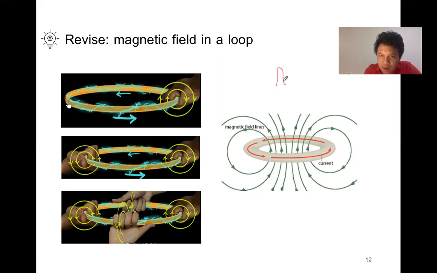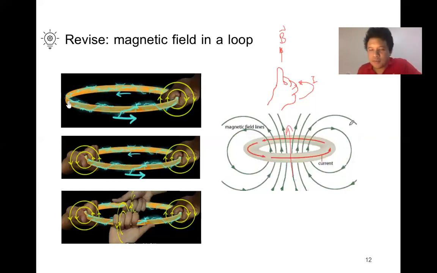You have the right hand like this cartoon, and we have the current in this direction. Your thumb will represent the direction of the magnetic field that is coming up.